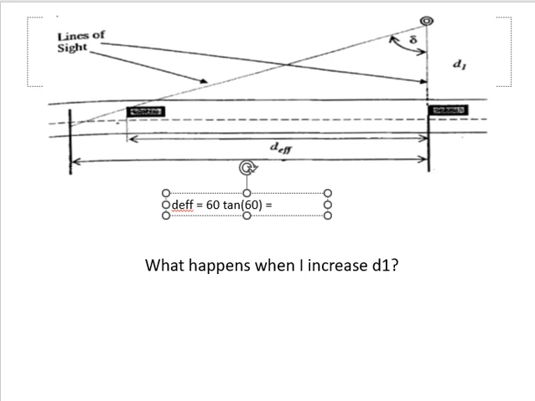D effective is 103.9. So the speed will be 103.9 divided by 8.3, the time which he gave me. So the speed is 12.5 feet per second.